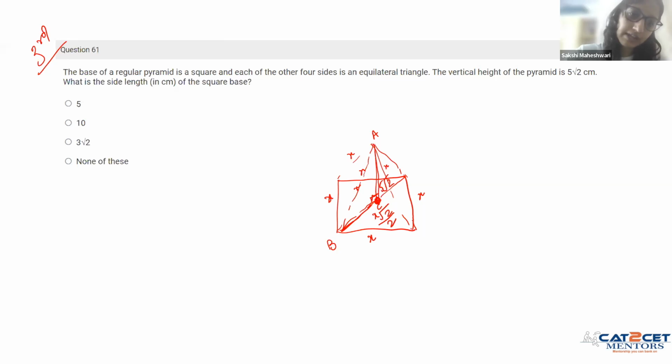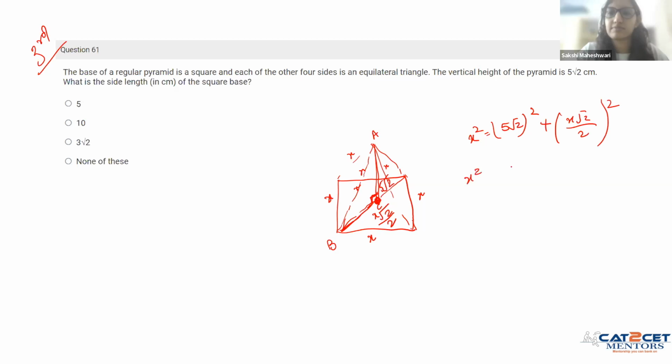So when you consider this triangle, x square is equal to (5 root 2) whole square plus (x root 2 by 2) whole square. This will be 50 plus x square by 2. So x square will be 100 and x will be 10. If you are very good with imagination, you can do it easily, but I would suggest doing it later because it might take up your time.